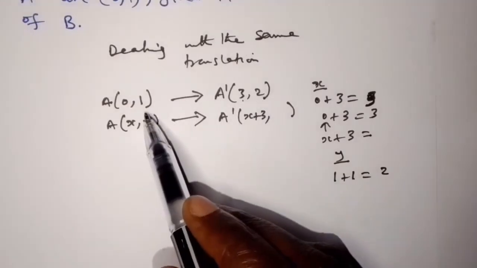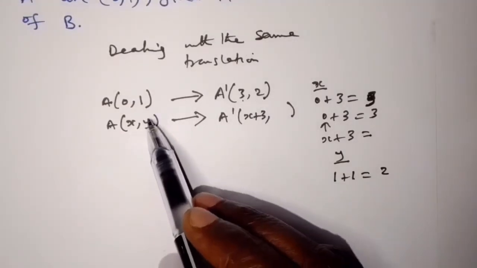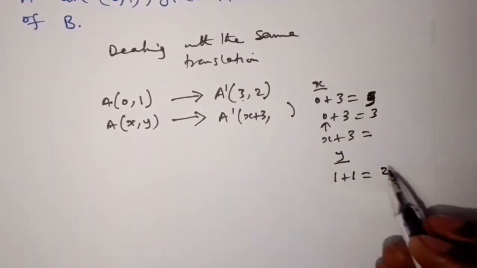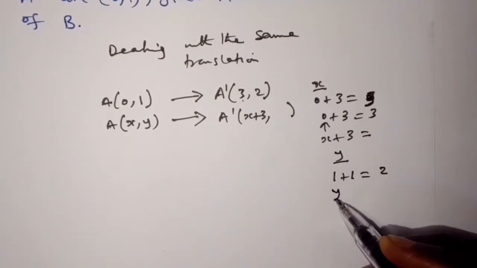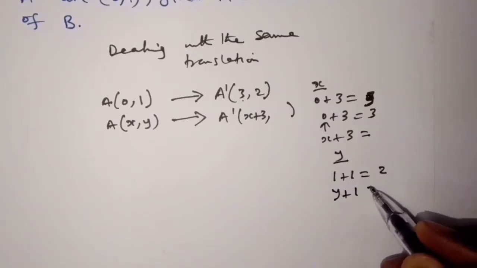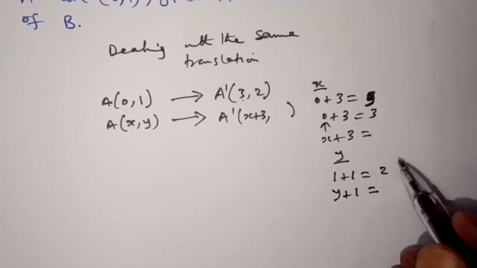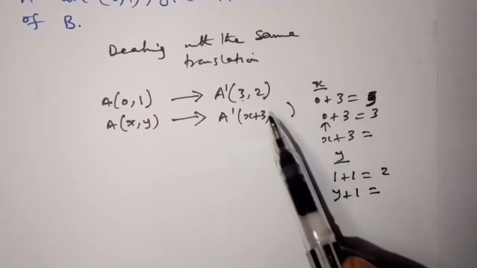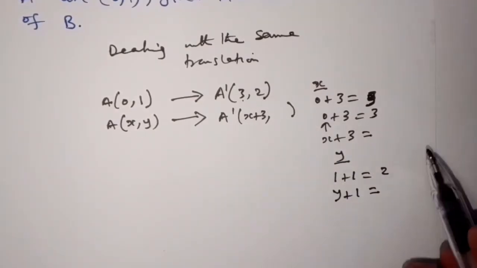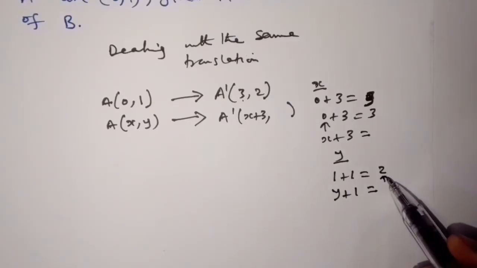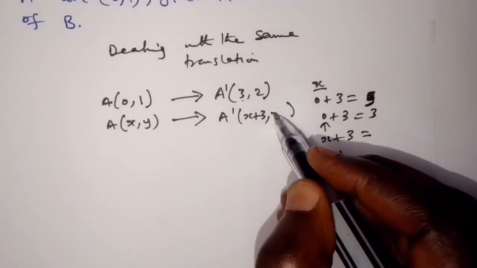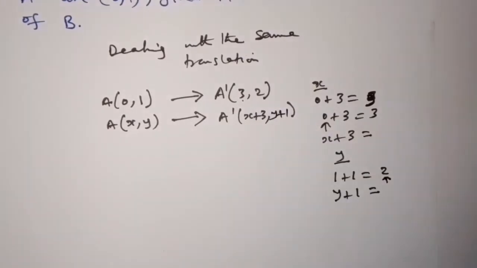So now when we replace 1 by y, then we can say that y plus 1 is supposed to give us the y-coordinate here. So instead of saying that it is 2 here, we can bring this y plus 1 here.